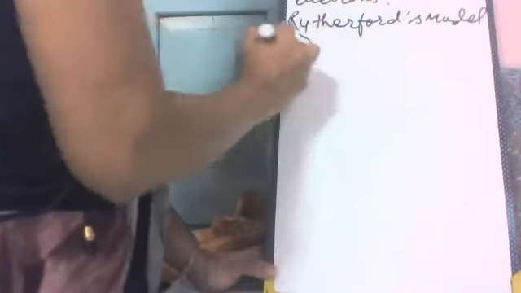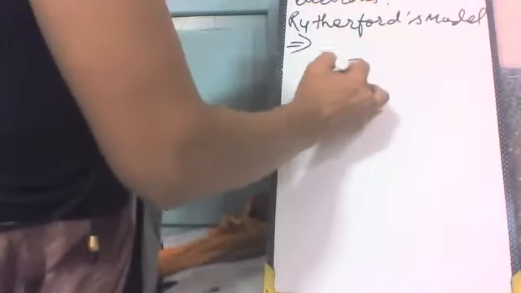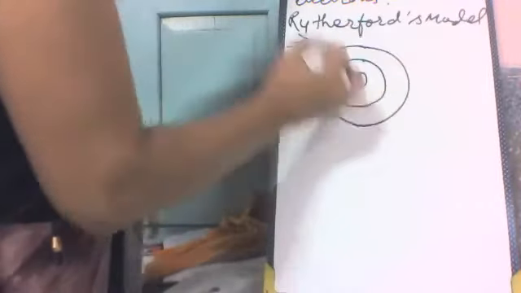What Rutherford said about this, he said that the atom has a small positive nucleus at the center, containing protons and neutrons, and negative electrons orbiting around the nucleus in the same way as planets orbit around the sun. Electrons orbiting around the nucleus.